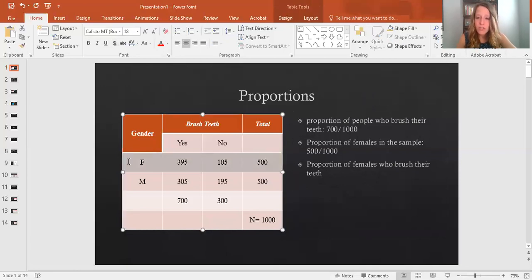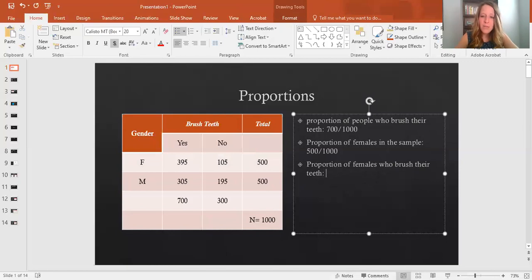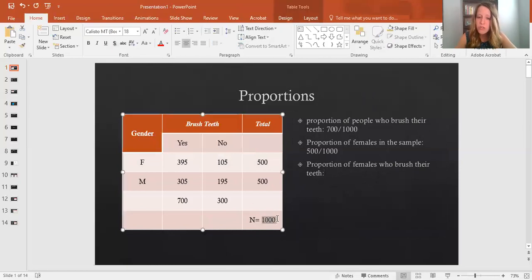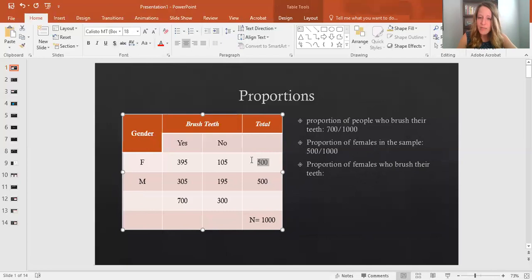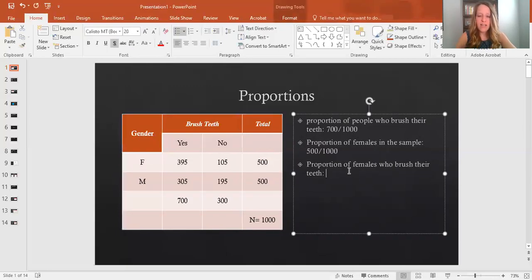My denominator would not be the 1,000 because we're not interested in everyone; we're just interested in females. So my denominator would be 500, and out of those 500 females, 395 report that they brush their teeth.